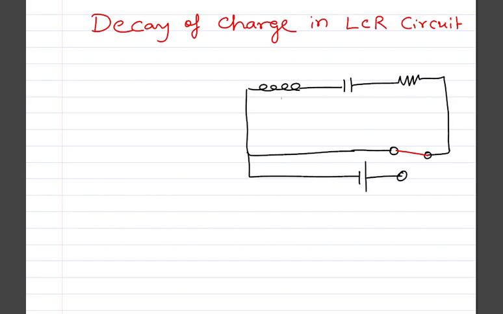So you are left with inductor, capacitor, resistor connected in series in a closed loop, and the charge starts decreasing, or the current starts decreasing, due to the presence of the resistor. So the rate of decrease is controlled by the resistor and the components in the circuit like the inductor and capacitor. Let us see at what rate it reduces.